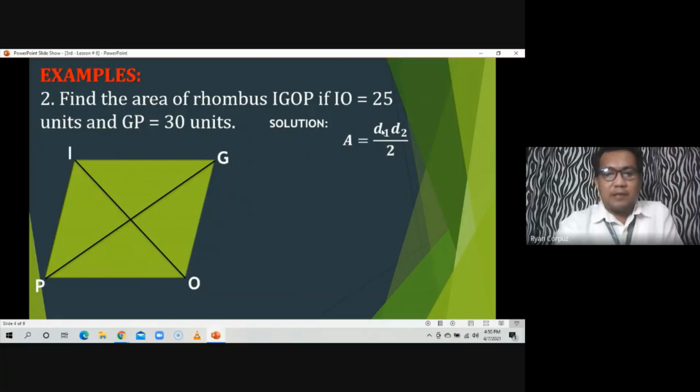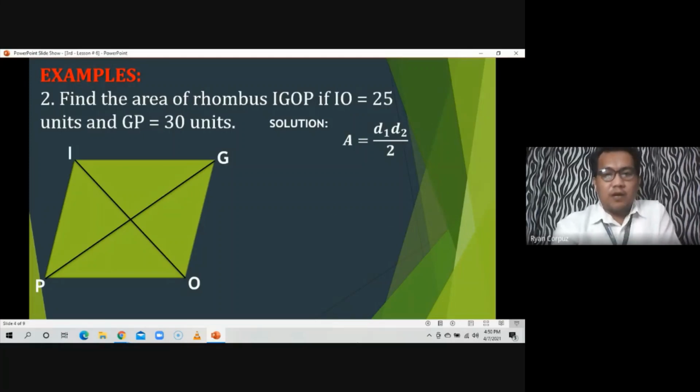What is that D sub 1 and D sub 2 again? That's the measure of the diagonals of the given quadrilateral with perpendicular diagonals. So, given naman yung measure of the diagonals based on the problem. So, all we have to do is to just simply substitute those givens in the problem, then solve for the equation.